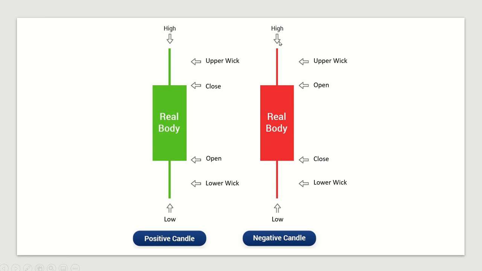Knowing that price went all the way down to a level is important, whether the candle is red or green. And knowing it went all the way up to a level is important, again, whether the candle is red or green. And that is the basic makeup of a candle. That's the reason why a candlestick chart is so powerful compared to a line chart, because a line chart is only telling you the closing price, right?